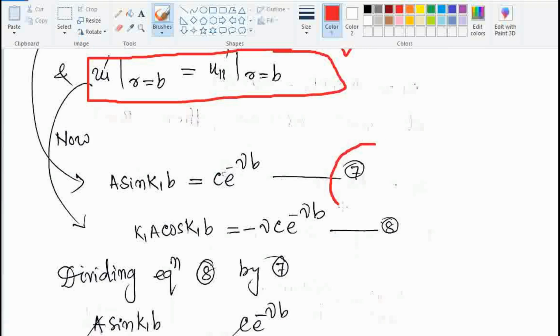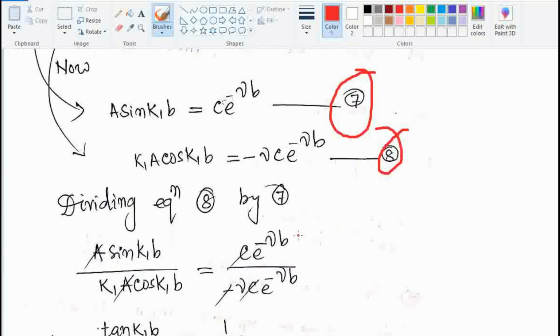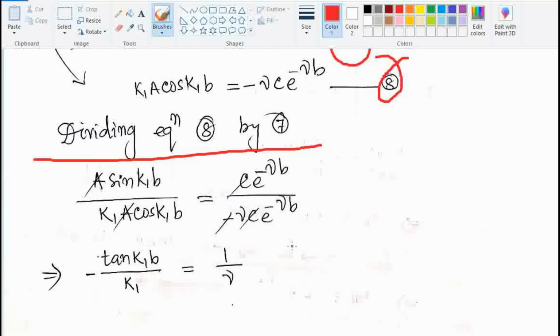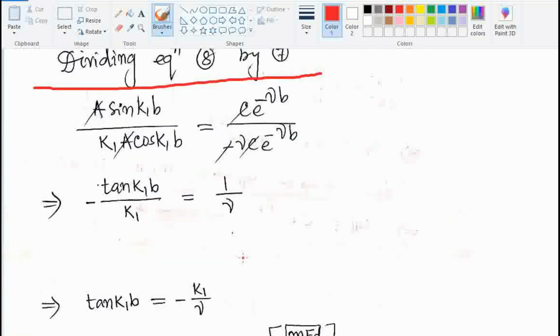After imposing this type of condition, you get these two equations, equations 7 and 8. Now we have to take the ratio. Dividing equation 8 by equation 7, you will get a minus. You see how this is proceeding.